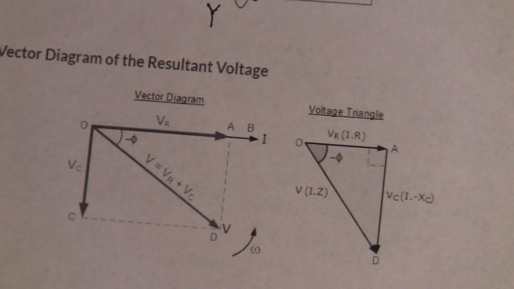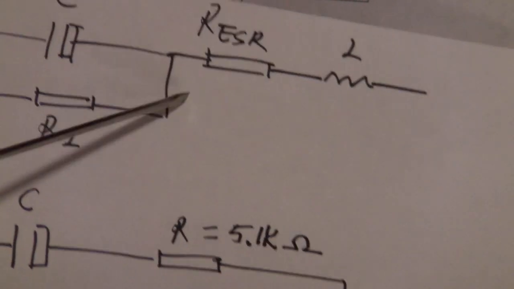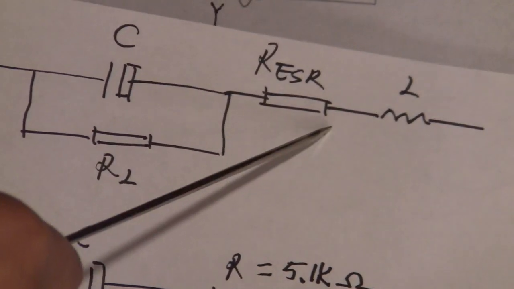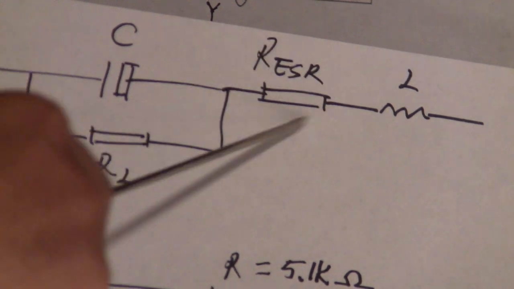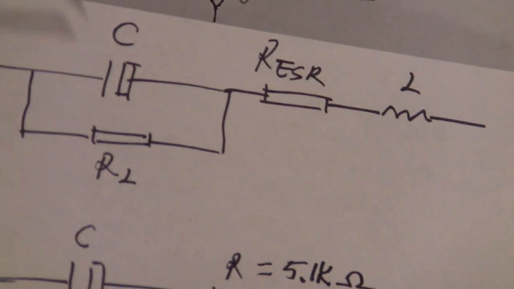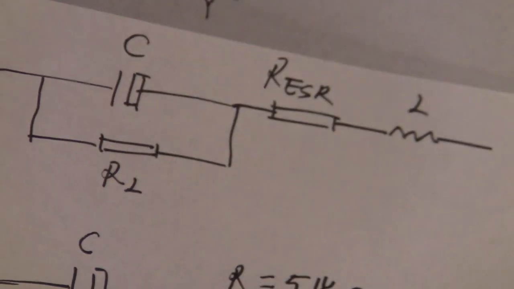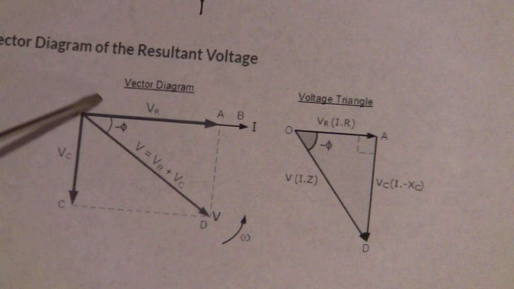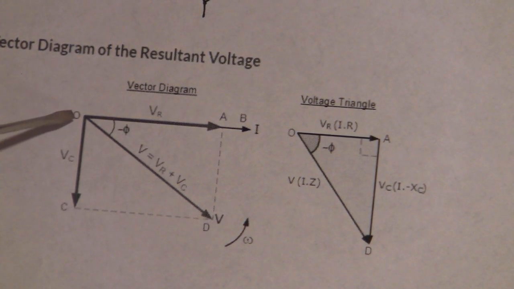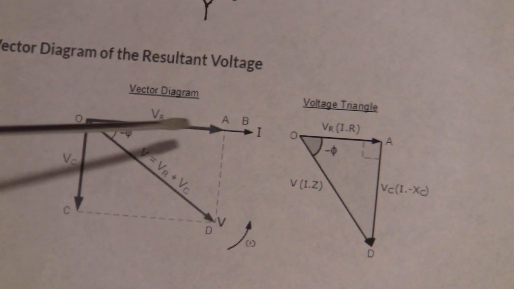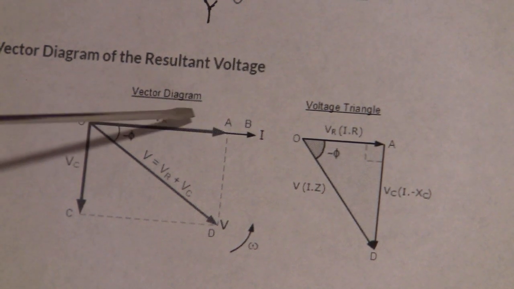In a real amplifier or real unit, this R is something we call the ESR. This is the ESR in the capacitor, inside the capacitor. So this ESR added to here makes this VC and that VR add together.